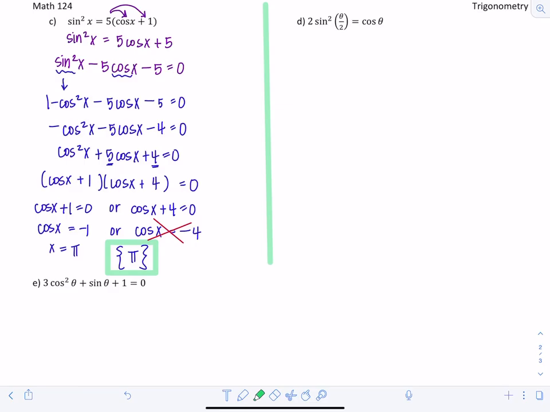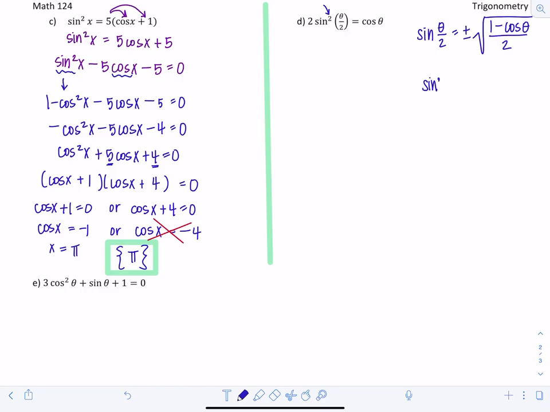And instead of replacing sine squared with a 1 minus cosine squared of the same angle, see how this is theta over 2? Maybe I can use my half angle identity. So remember, sine of theta over 2 is equal to plus or minus the square root of 1 minus cosine theta over 2. And in this equation, I have a sine squared theta over 2.